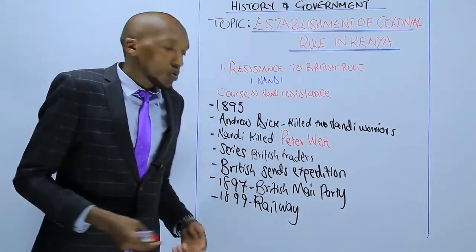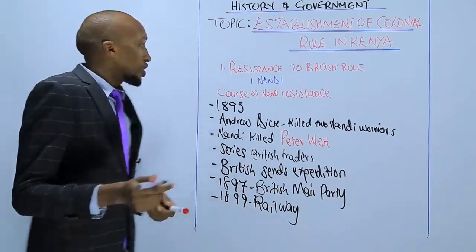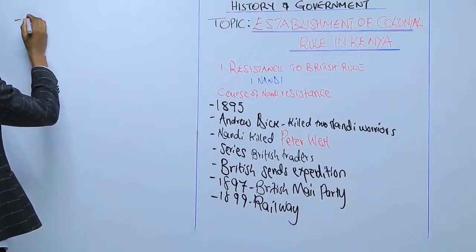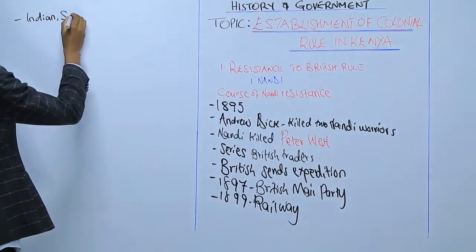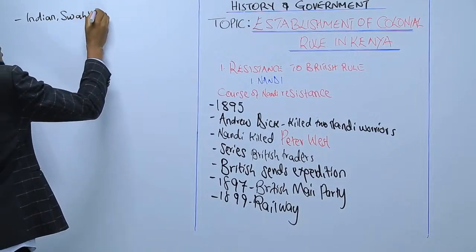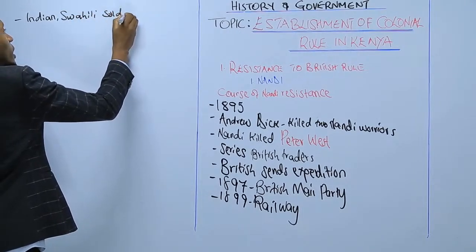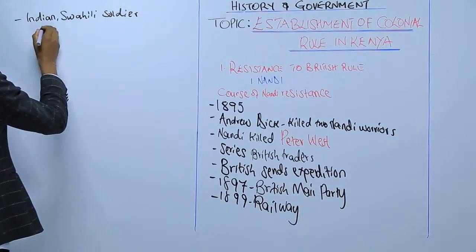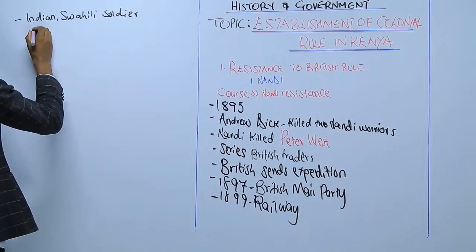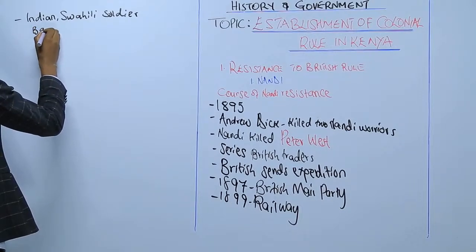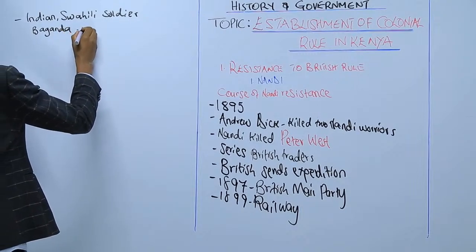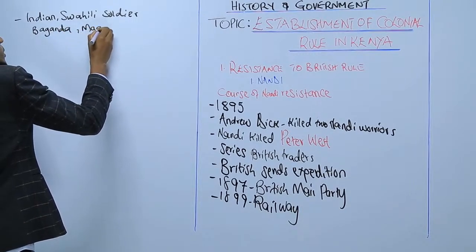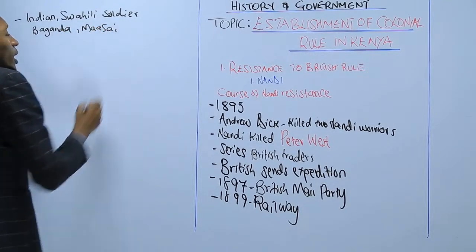So they tried to bring other people, and as I have mentioned, they tried to bring the Swahili soldiers, and also hired the Baganda together with the Maasai auxiliaries.